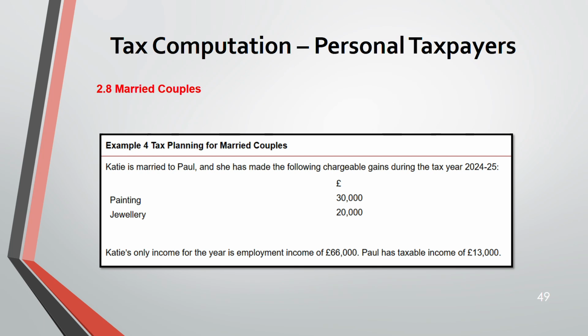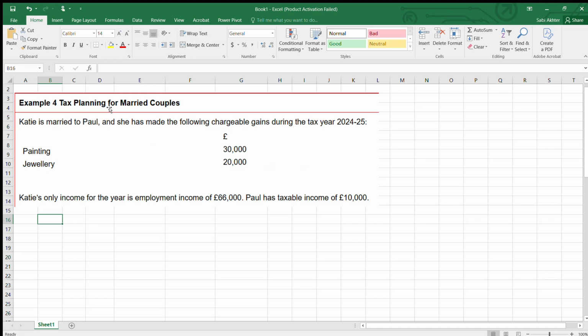Okay, so let us solve example 4. Now we will calculate when the assets are solely in Katie's name. Then we'll calculate the CGT liability. So what is the total chargeable gain? If you see, add 30 and 20, it's 50,000.